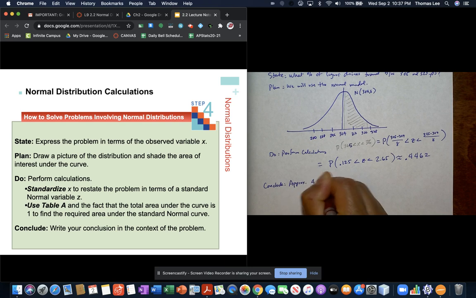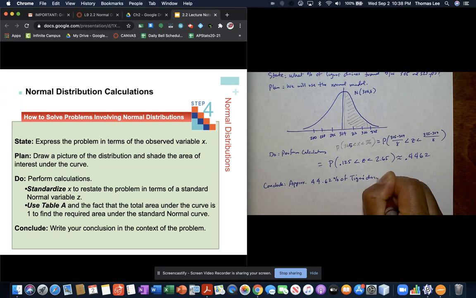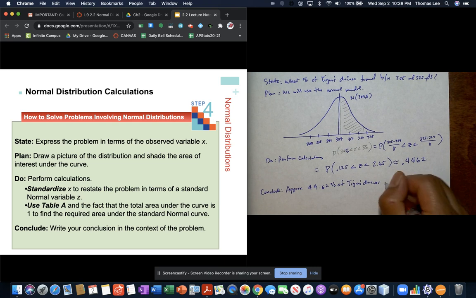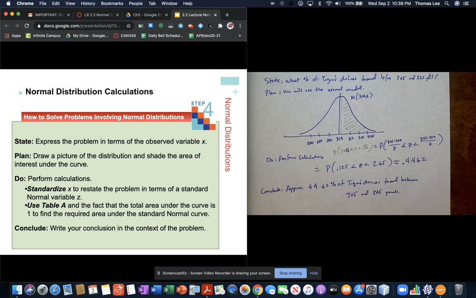Approximately 44.62% of Tiger's drives travel between 305 and 325 yards. Use the exact language of the question stem. That would get full credit.